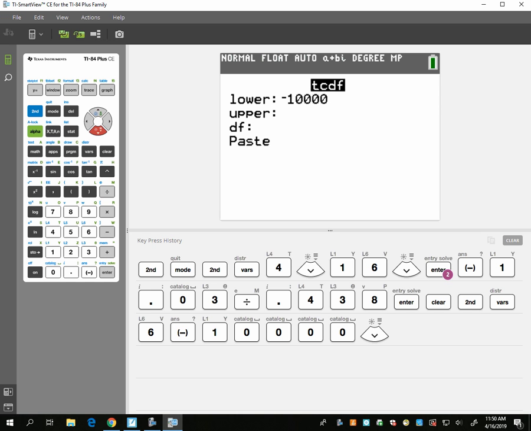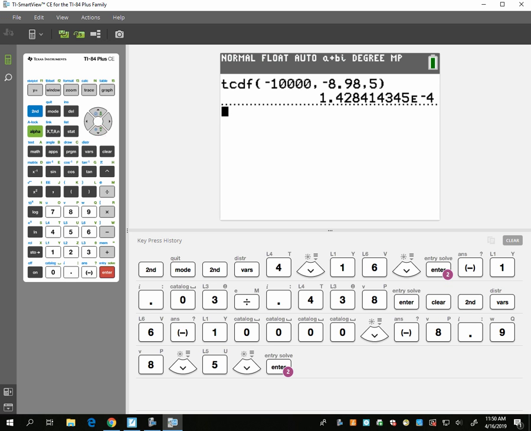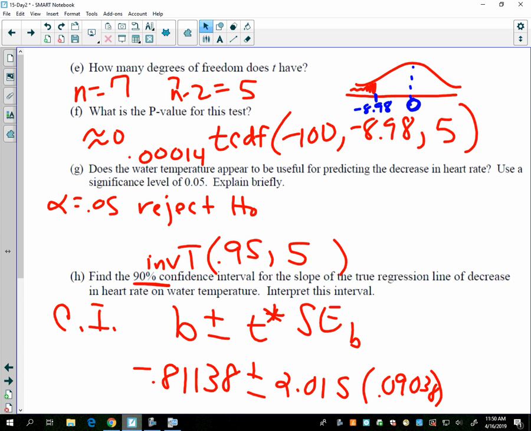Then upper is your test statistic, which is really far out, almost 9 standard deviations, which is why your p-value is non-existent, with 5 degrees of freedom. So 0.0014.